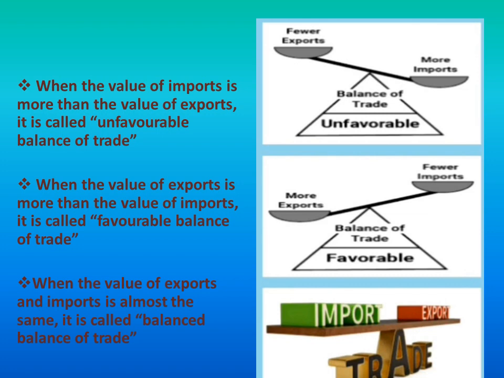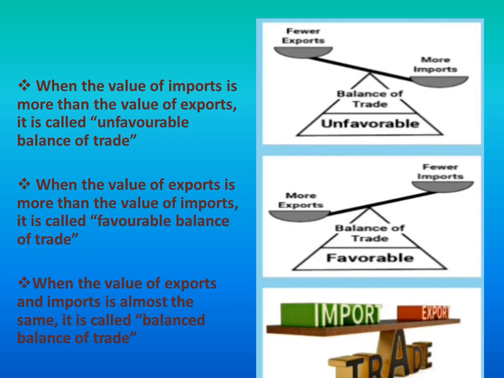when the value of export and import is almost the same, it is called balanced balance of trade. So let's understand this term now. Balanced trade is that the value of export and import is almost the same. Okay, balanced trade means what? The value of export and import is almost the same.